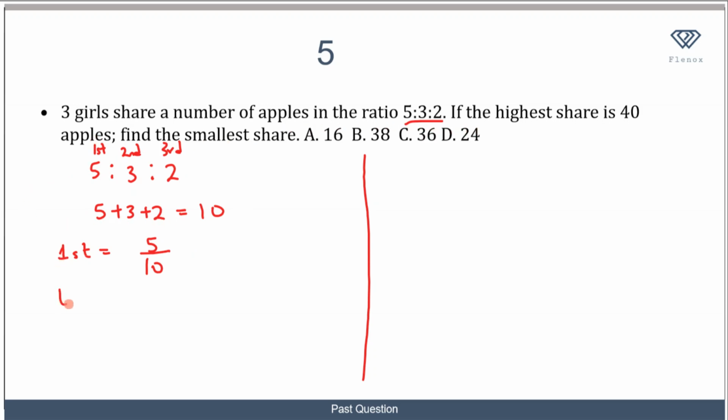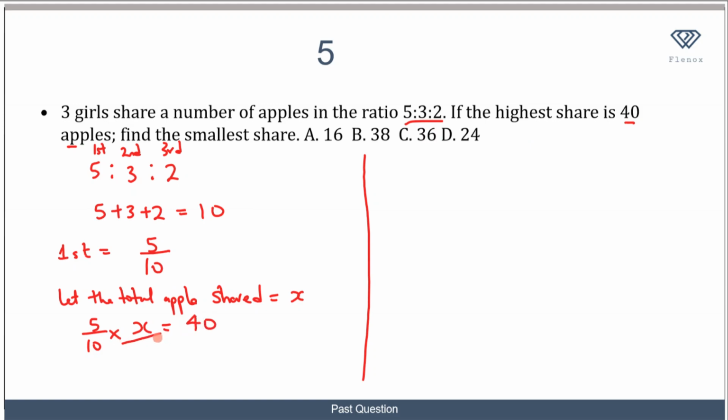So let the total apples shared be equal to x. So now we know that 5/10 multiplied by the total number of apples shared, x, will be equal to the amount of apples she received. We are told in the question that she received 40 apples, so it will be equal to 40.